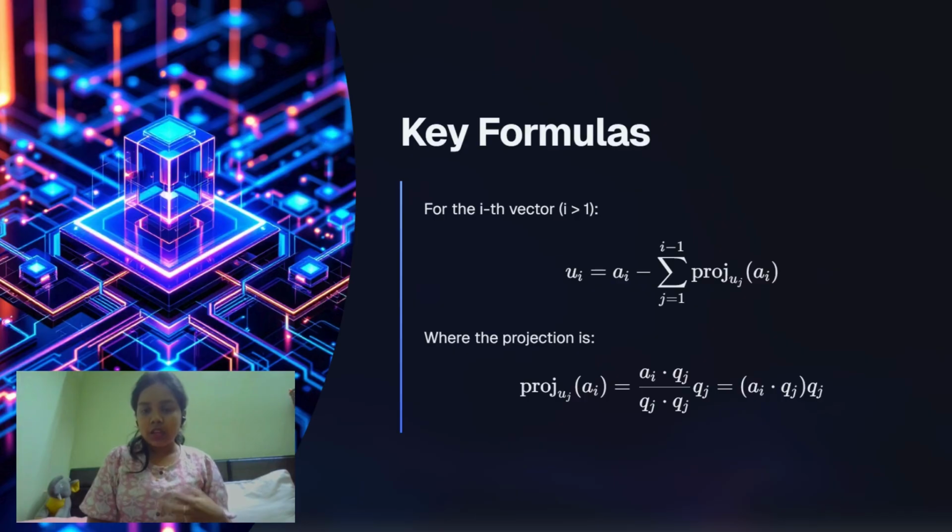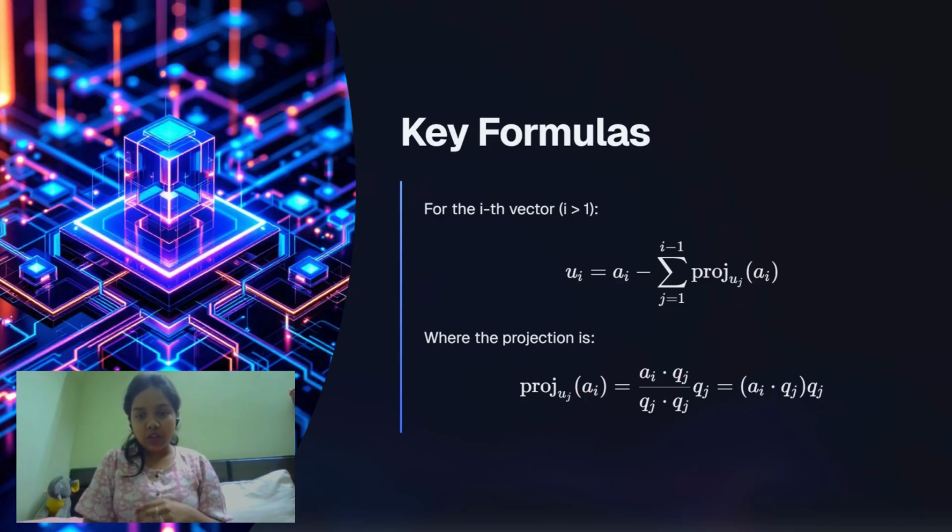Okay, so the next slide. On this slide, we see the key formula used to compute the orthogonal component of a vector. For the ith vector, we subtract the projections of that vector onto all previously computed orthonormal vectors. This process is the core of the Gram-Schmidt method, which helps us build a set of orthogonal vectors from a linearly independent set.